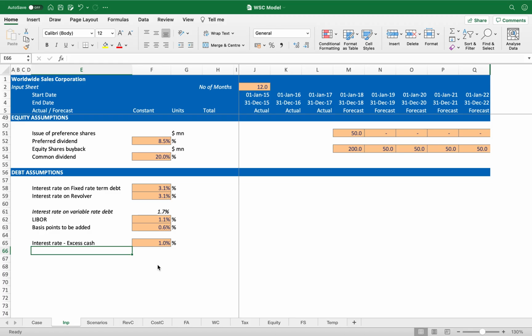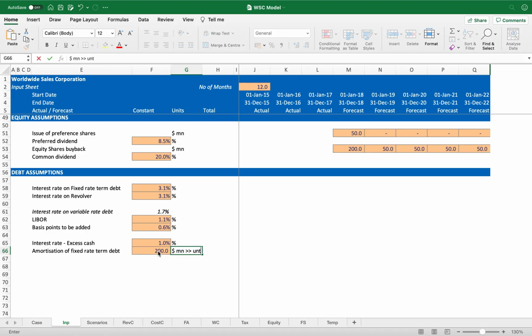And it was further given amortization of fixed rate term debt, it was 200 million until repaid, and amortization of variable rate debt 30 million until repaid.